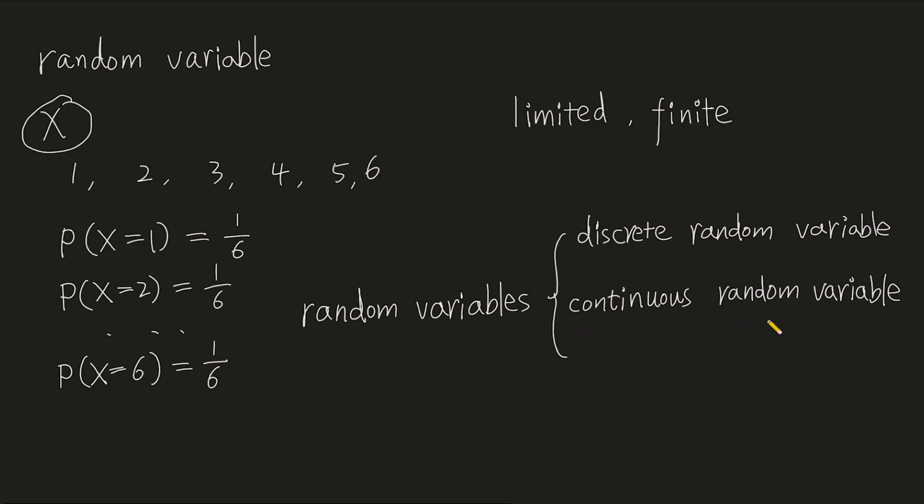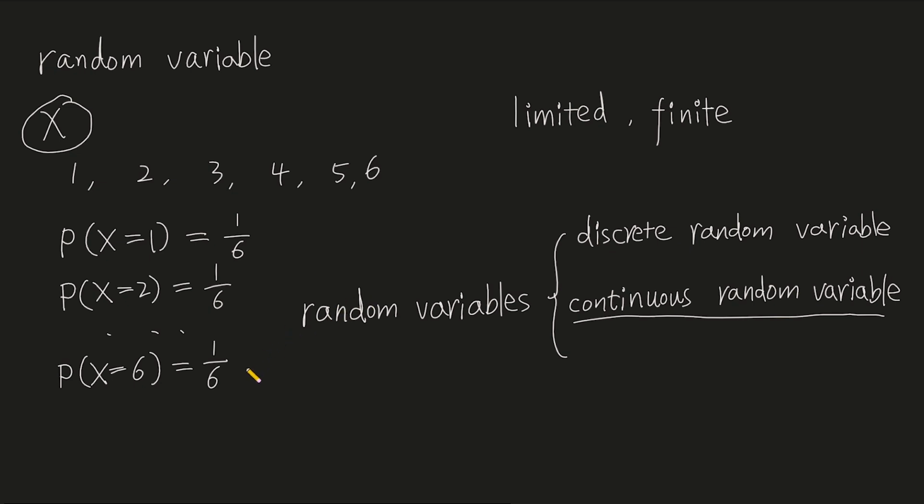But for a continuous random variable, its possible values are countless, are infinite. Later we will see examples of continuous random variables. We will know more about this kind of random variable. So now let's talk mainly about the discrete random variable.